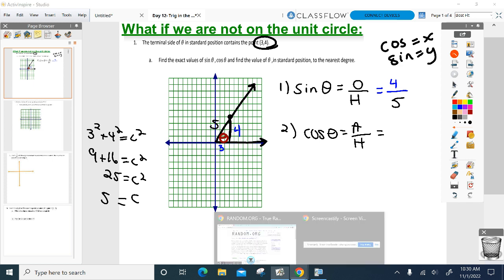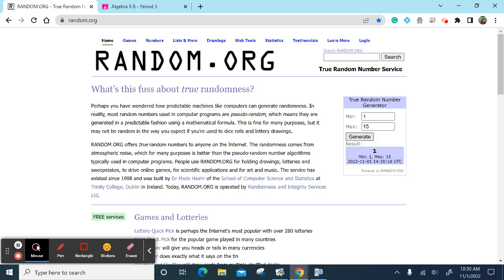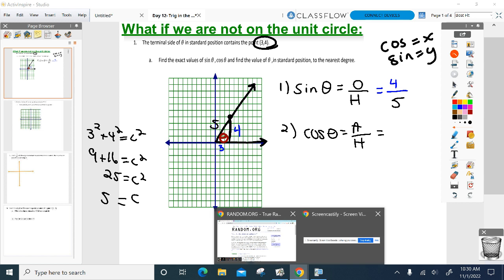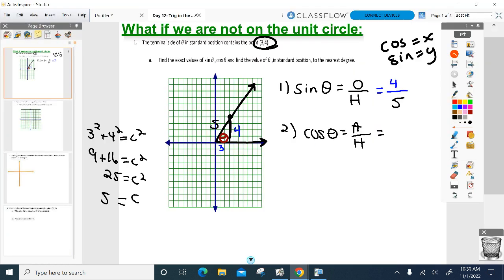What's the adjacent side and the hypotenuse? The 3 is adjacent, and the hypotenuse is still 5. So 3 over 5. All right, we're moving. Good job.